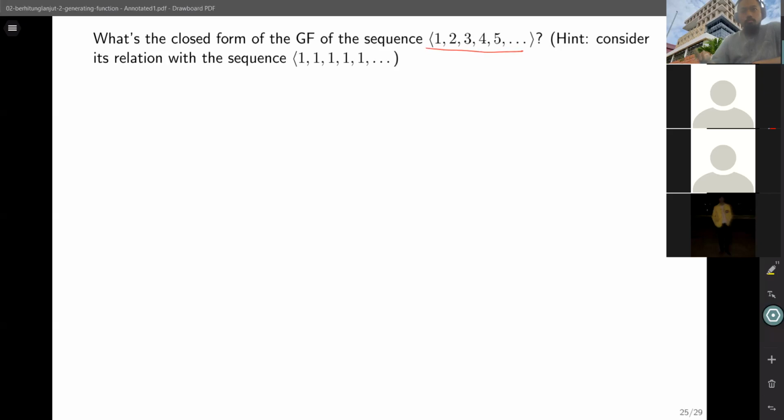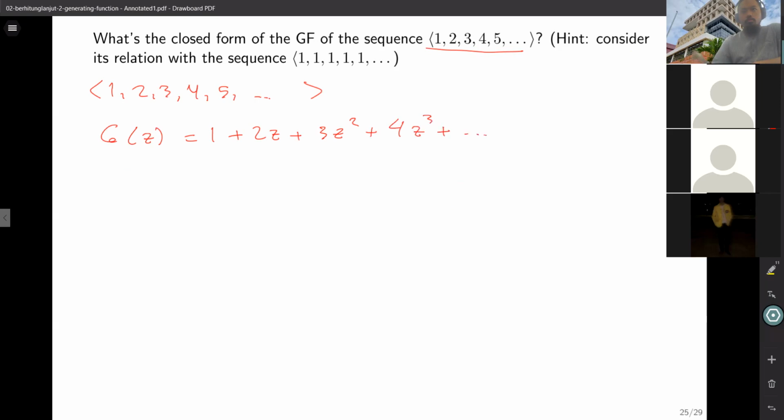So 1, 2, 3, 4, 5, and so on. The generating function is this. So what is the generating function of that? How do we get the solution?